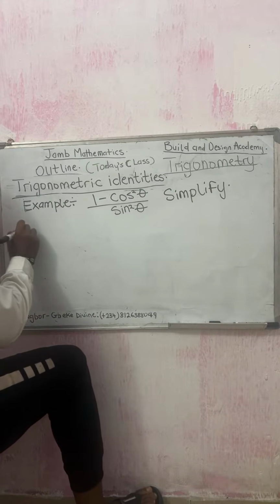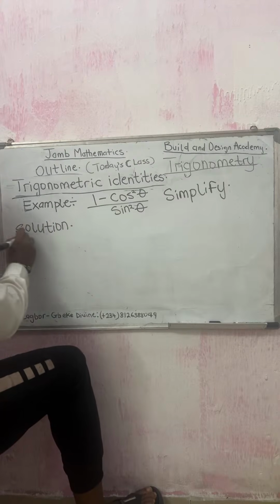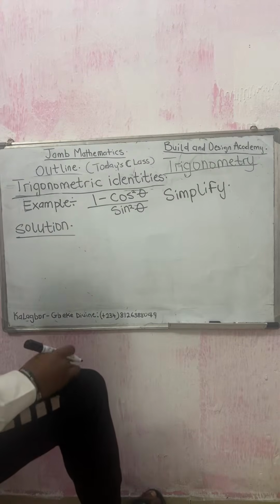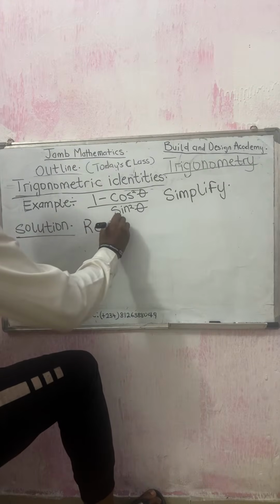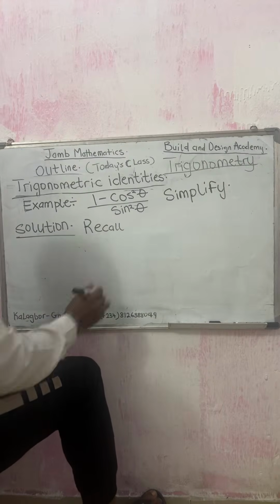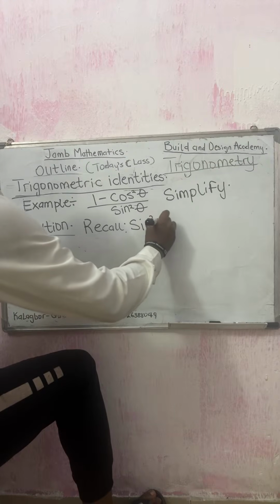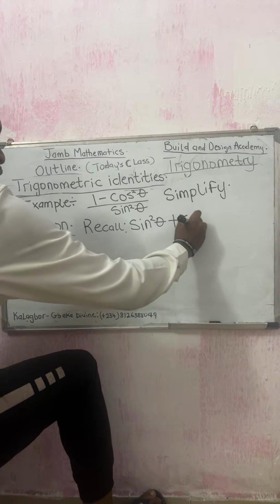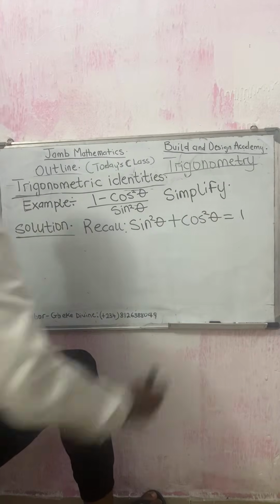So solution. Now, like I told you, the first thing is to recall your relationship. Anytime you see just cos and sine, you know that it's a Pythagorean relationship. So let's recall it. Sine square theta plus cos square theta is equal to 1.